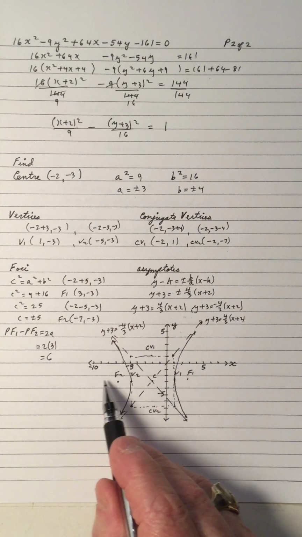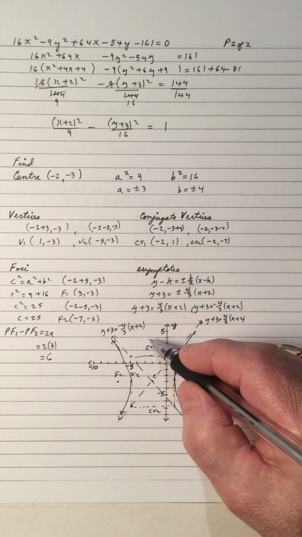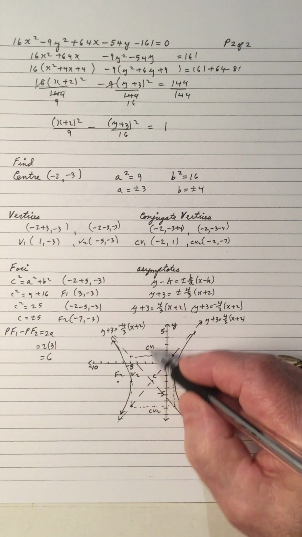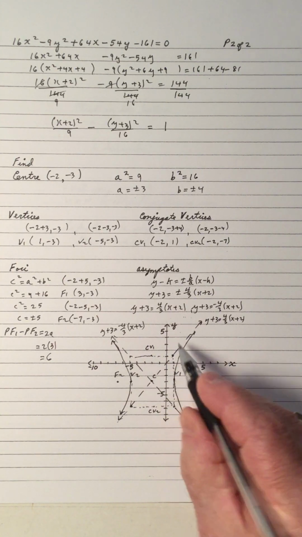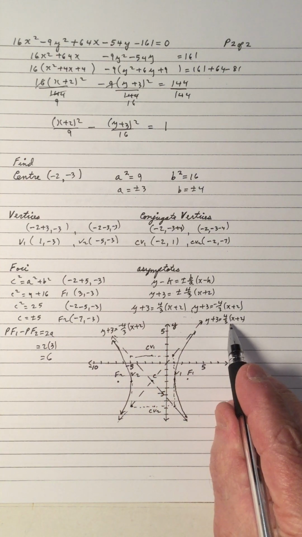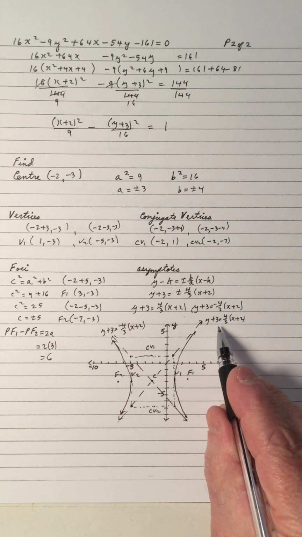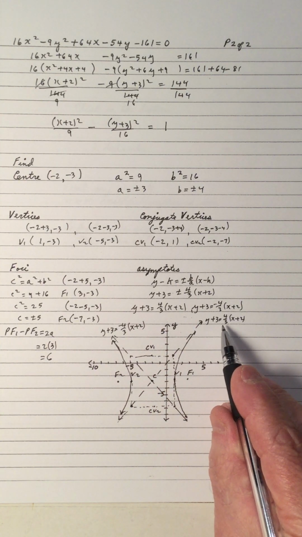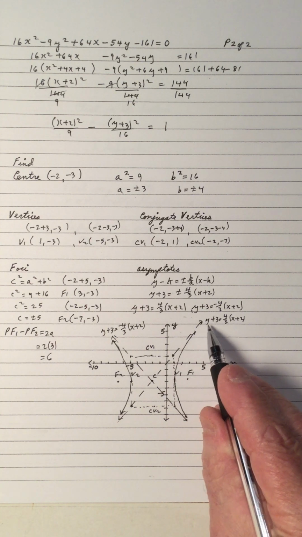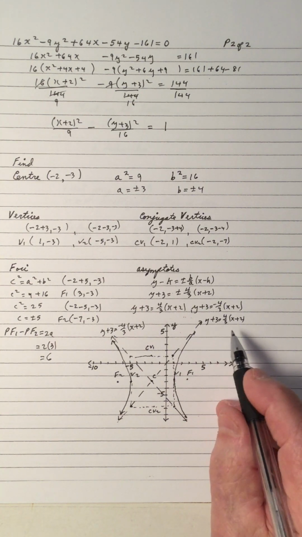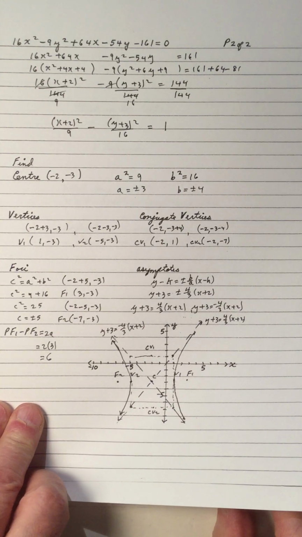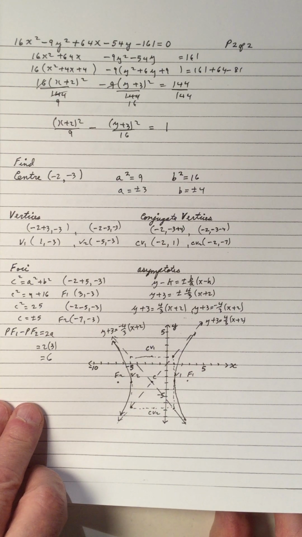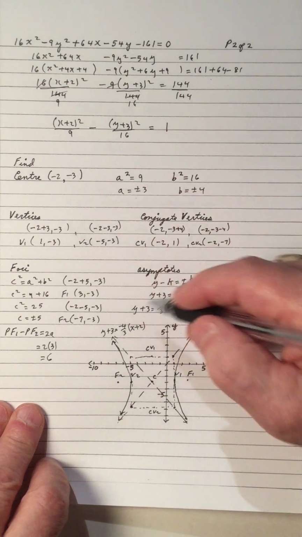The vertices and the foci are on the horizontal, and the co-vertices are on the vertical. And the asymptotes, this is in point-slope form. Now you can multiply this out and get the equation in what we call the slope-intercept form, but in this case it's better to leave it in the point-slope form. So that's using my general form of equation, changing it to standard, and finding all the parts of the hyperbola.